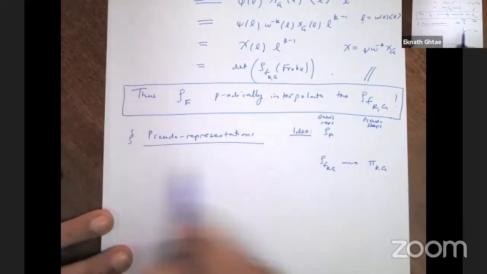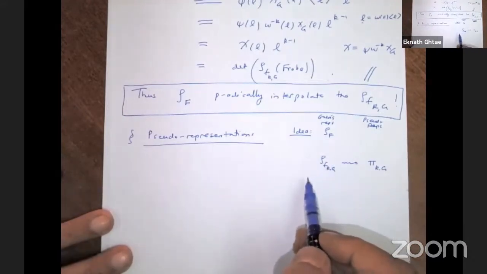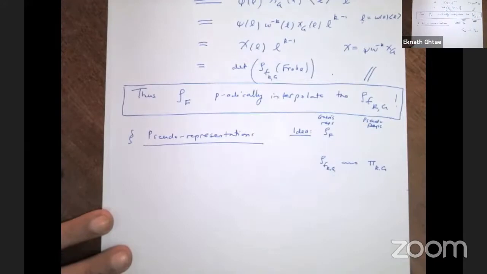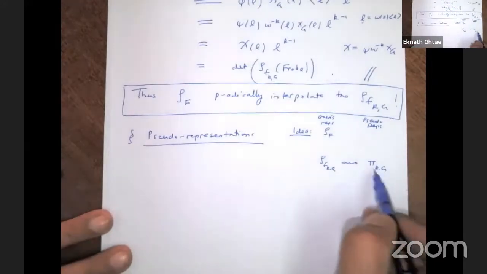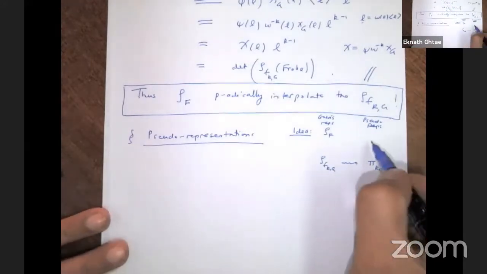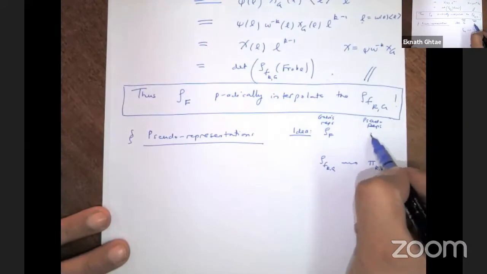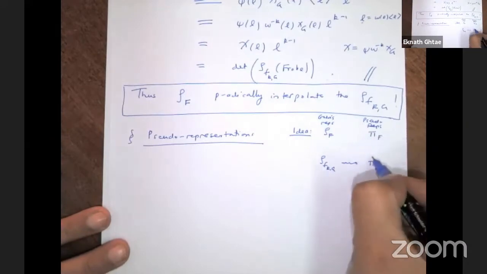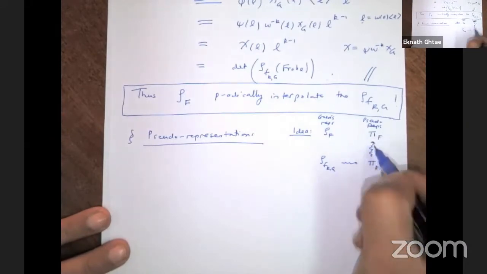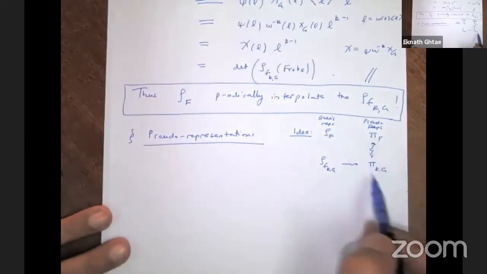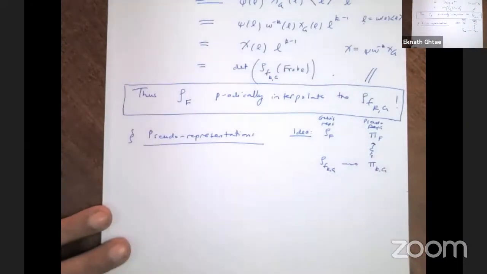I'll define it formally in a second. And one more piece of information. These, it turns out, are not so hard to glue together. So you get a capital pi sub f, which patches together all these pi k zeta, it p-adically interpolates them.